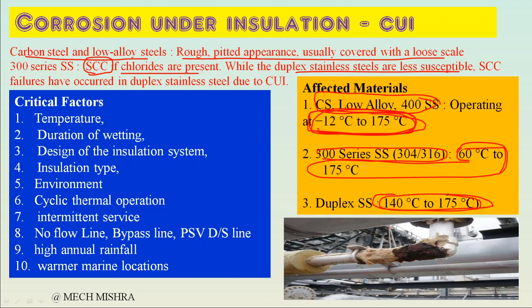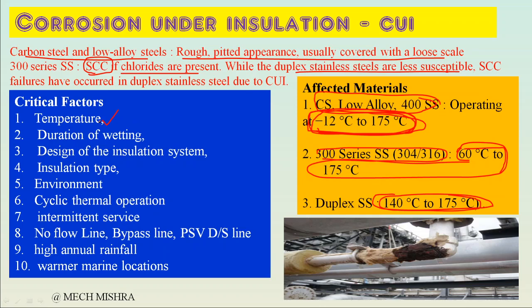Okay, now we will see what other critical factors are responsible for CUI. First is temperature. If temperature is high, the chances of CUI will be high, but for CUI we consider 175. Above this 175, if the insulation is wet, it will not remain wet because the water in the insulation dries out immediately.